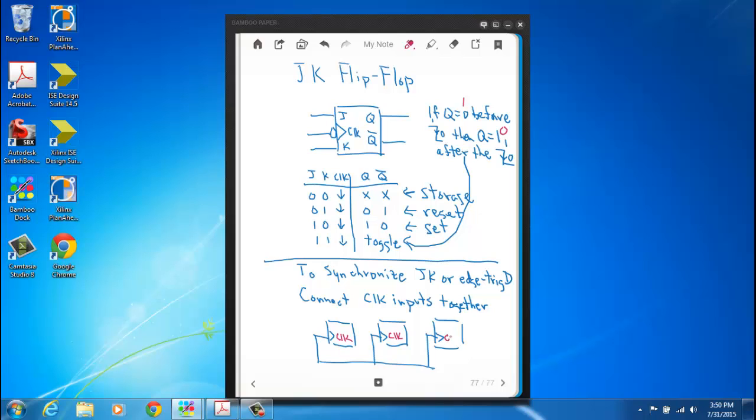But by simply connecting the clocks together, now these edge-triggered flip-flops are going to be all in step with each other. So if it's a JK, they're all going to be doing their function at the same time, depending on what their J and Ks are equal to.